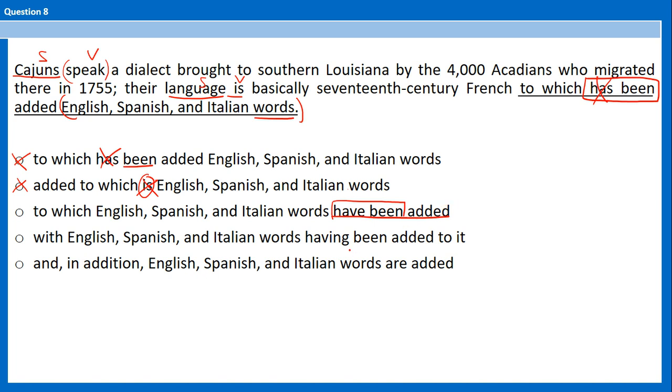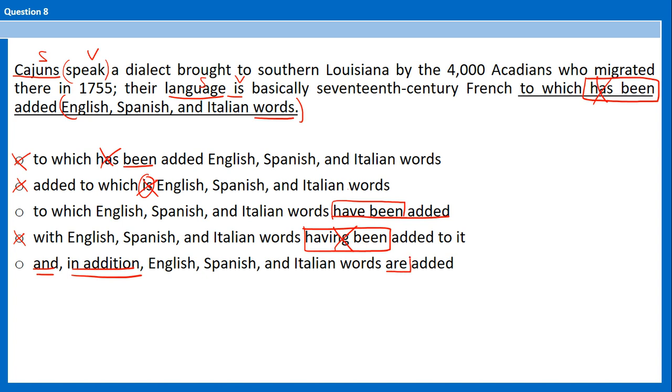That sounds okay. With English, Spanish, and Italian words having been. Okay, that's wrong. "Having been" is a modifier here, not a verb. And in addition, that's redundant; "with" and "in addition" together imply the same idea.